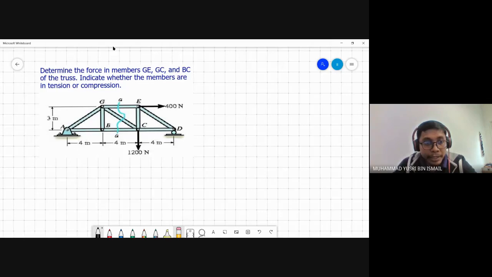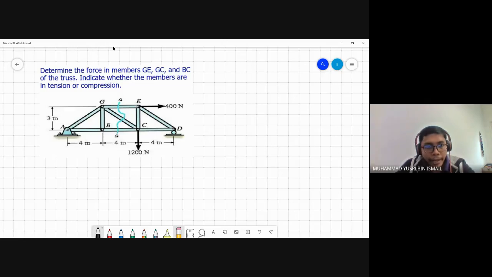So for example, for GE, BC, you can use method of joint, but you need to start somewhere at A or D, and then you need to determine DE, DC, and the other parts, until you arrive at EG, CG, and CB. This is a very long method.